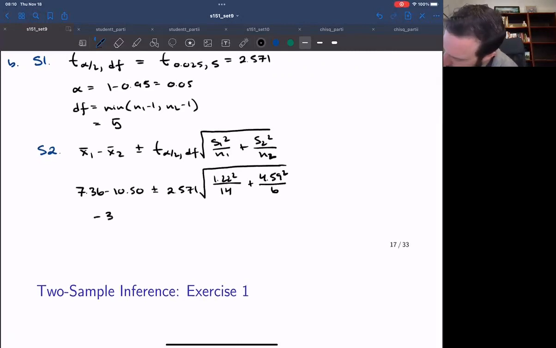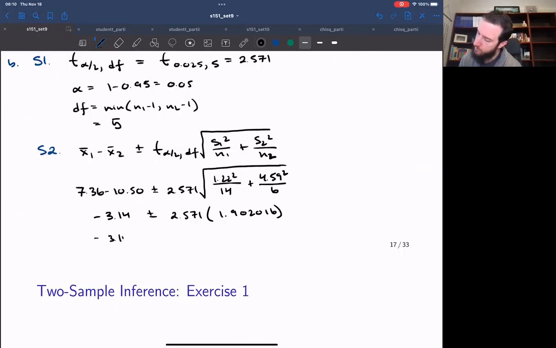This is going to give us negative 3.14 plus or minus 2.571 multiplied by 1.902016, negative 3.14 plus or minus 4.890083.